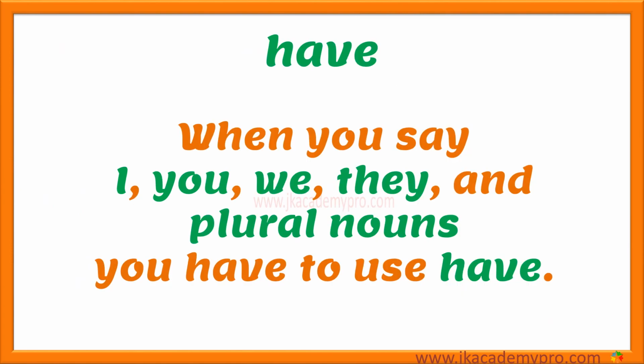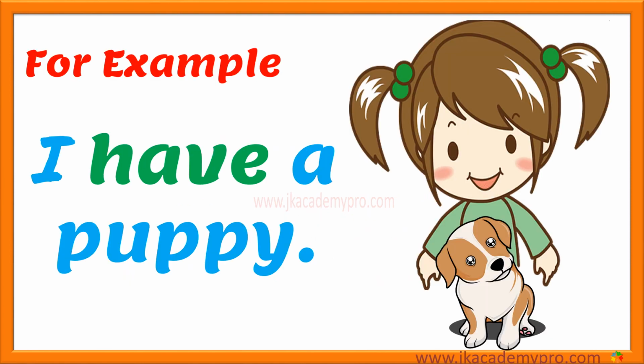Now let us understand when to use the verb have. When you say I, you, we, they, and with plural nouns, you have to use the verb have. Let's understand it with the help of some sentences. For example, I have a puppy.